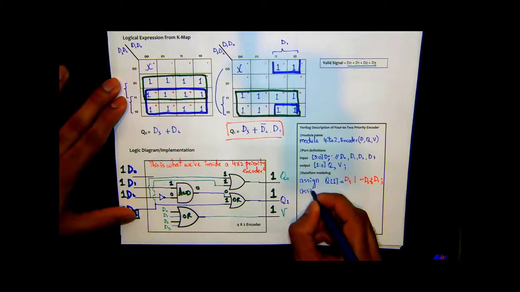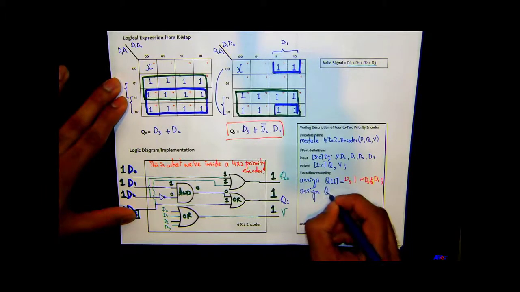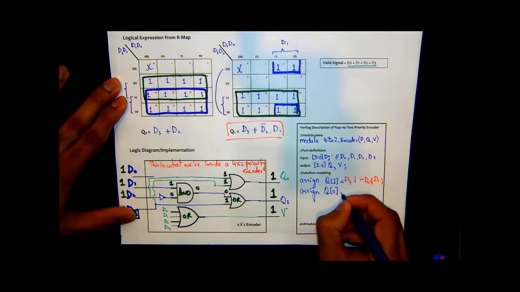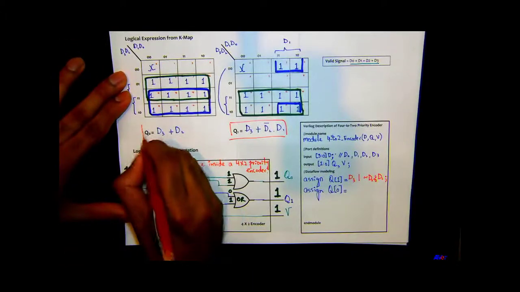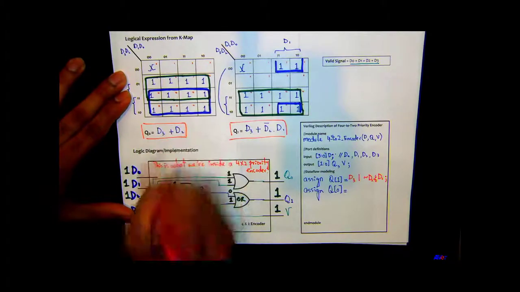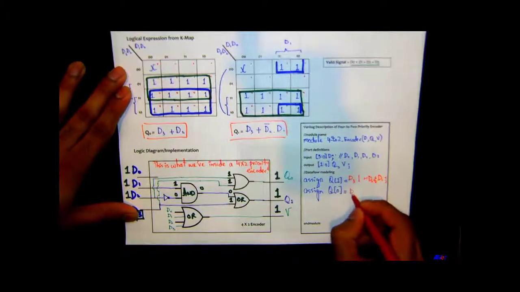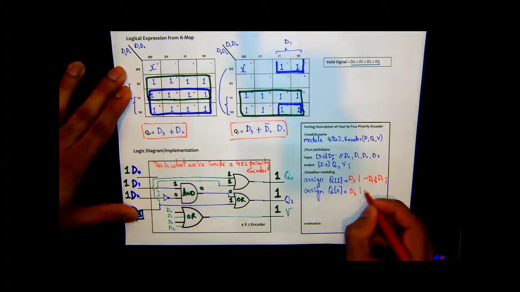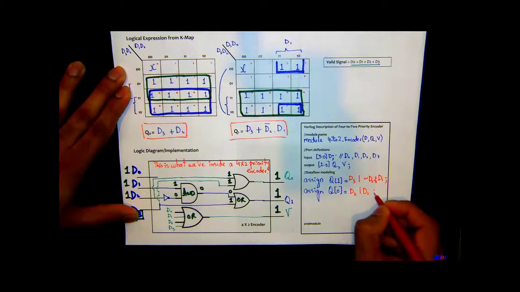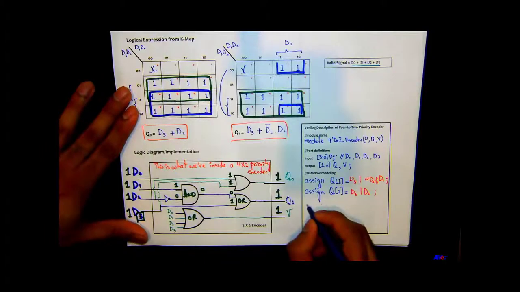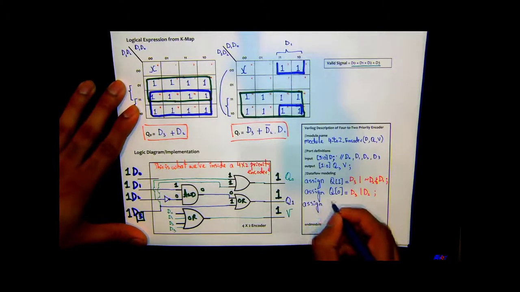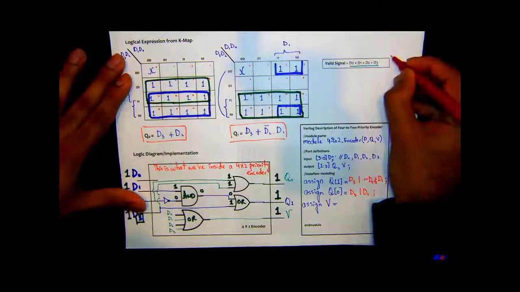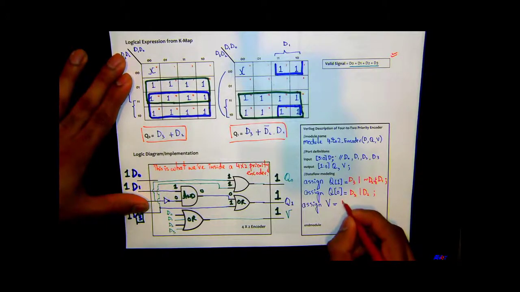Assign Q0. So Q0, the expression is right here: D3 ORing with D2. And then we can have the last of the outputs, which is the valid signal: assign V equals to, and here's the expression for the valid signal. So it's basically all the data lines ORing.